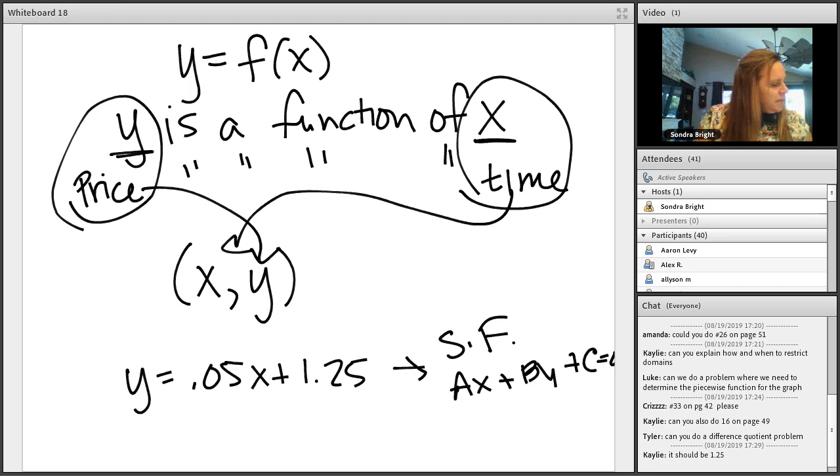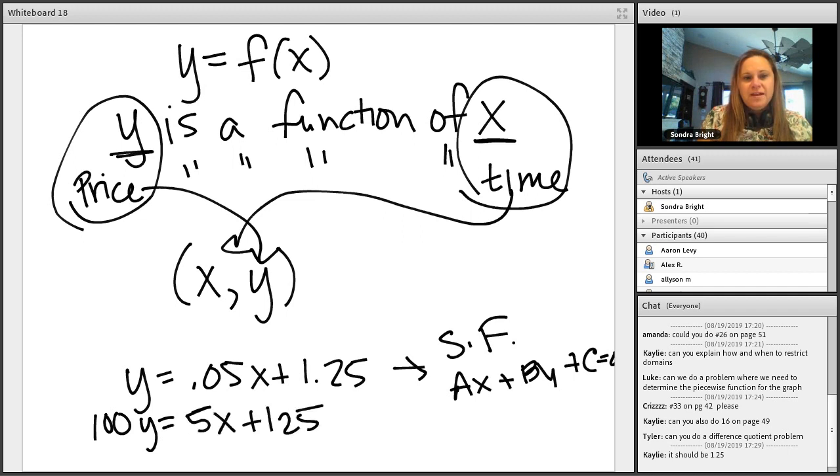So I would move the decimal place. I'm going to multiply everything by 100. So that'll give you 100y equals 5x plus 125, to move the decimal place over 2 places.